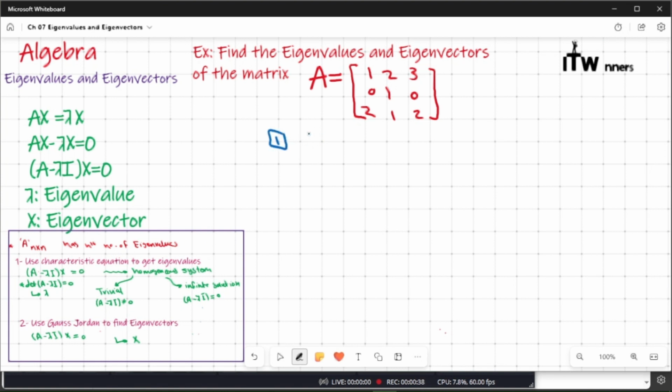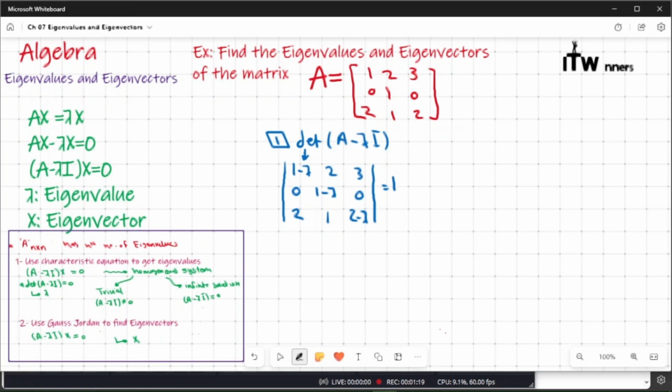is to get the determinant of the system A minus lambda I. So here we have this determinant: 1 minus lambda, 2, 3, 0, 1 minus lambda, 0, 2, 1, 2 minus lambda. This will be equal to, let's go along this column.